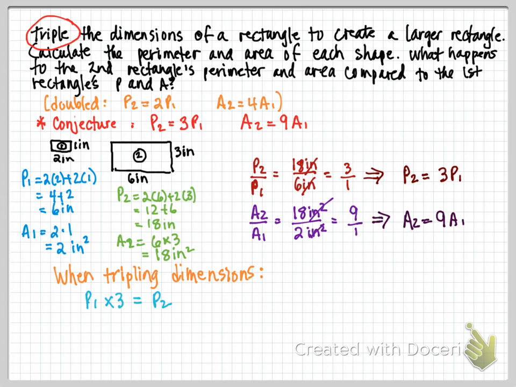Also, if we take the small area and multiply it by 9, which is really 3 times 3 or 3 squared, we get the larger area. And that's how we're going to do this, folks. All right, good luck with this.